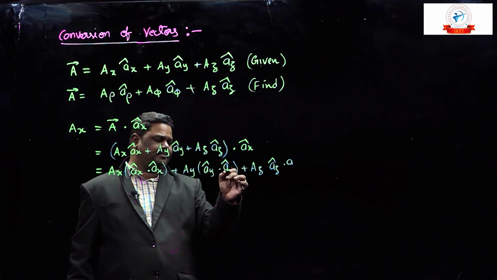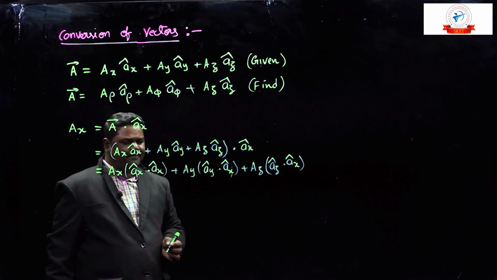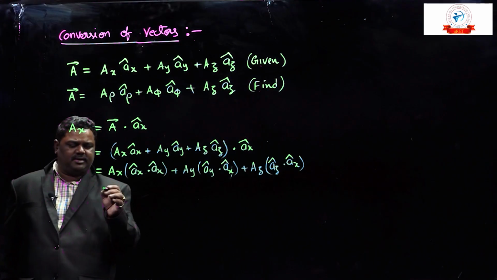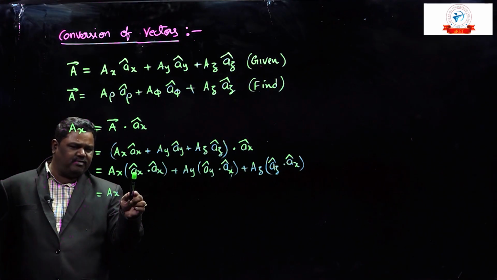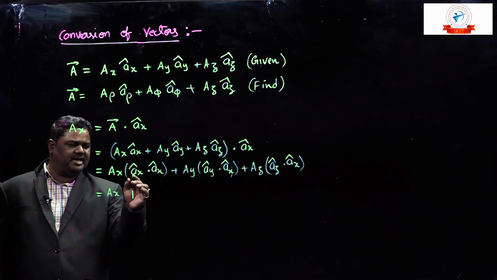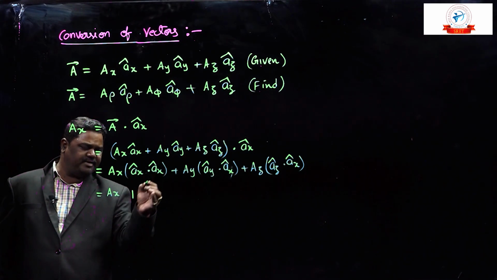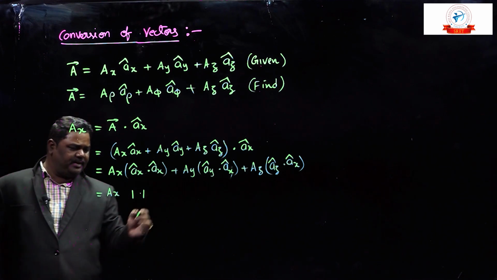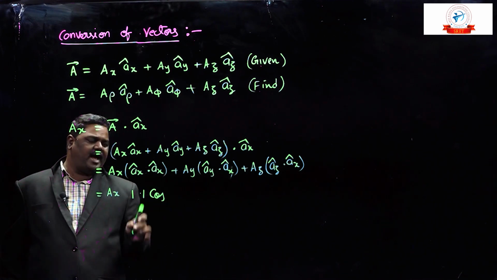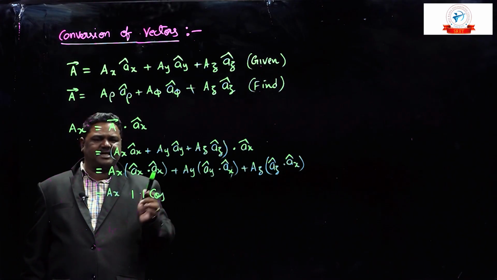How do we evaluate a dot product? It is the magnitude of the first vector, which is unity because it is a unit vector, into the magnitude of the second vector, also unity, into the cos of the angle between these two vectors. What is the angle between ax cap and ax cap?